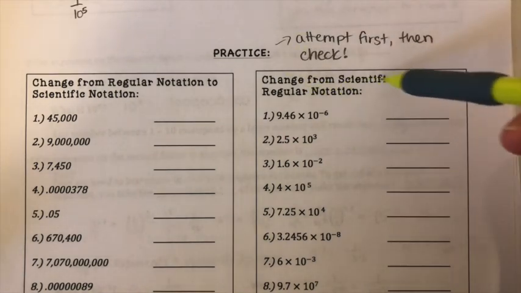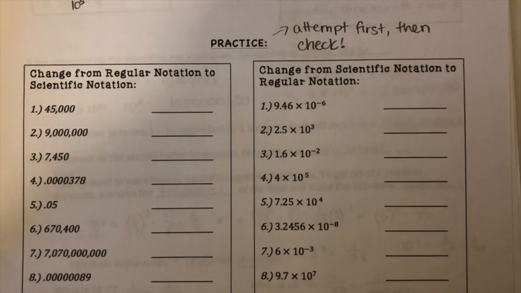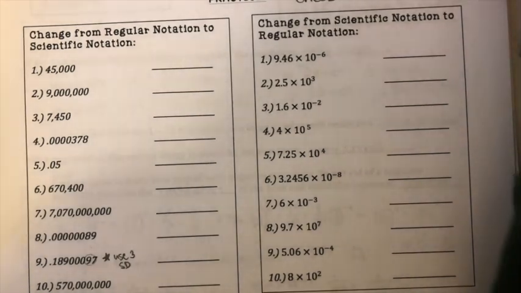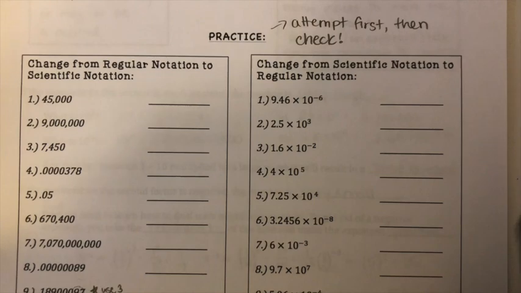This part's not going to be for marks, but the more comfortable you feel with this, the better off you're going to do once we get into the home and maneuver tomorrow. If anything doesn't make sense, you are free to send one of the teachers an email. You can also go back and rewatch this as many times as you need to, but we are happy to help if that's needed. Let us know if there's any problems, but hopefully all of this made sense and you are now pros at scientific notation.